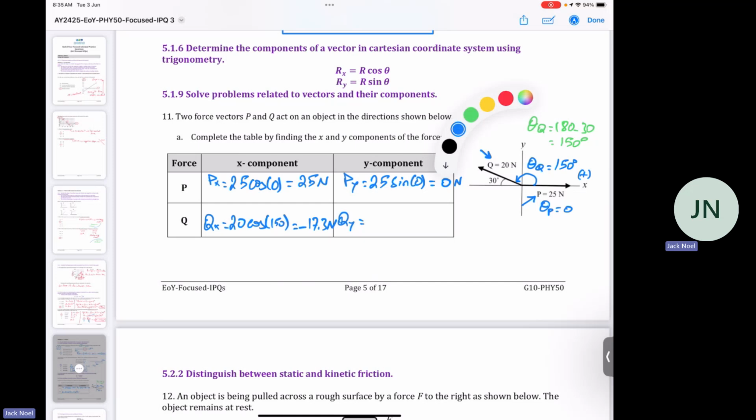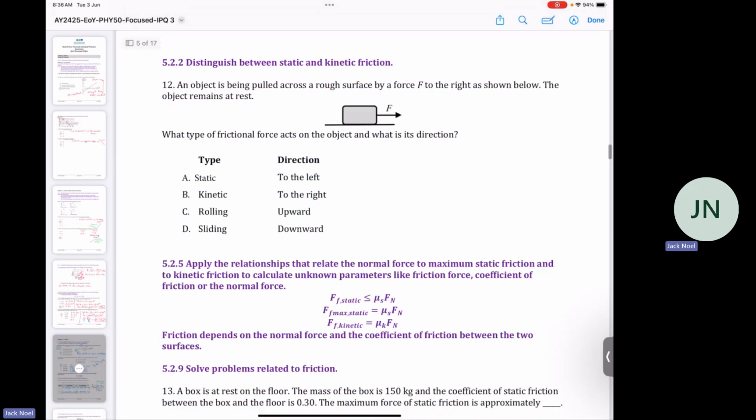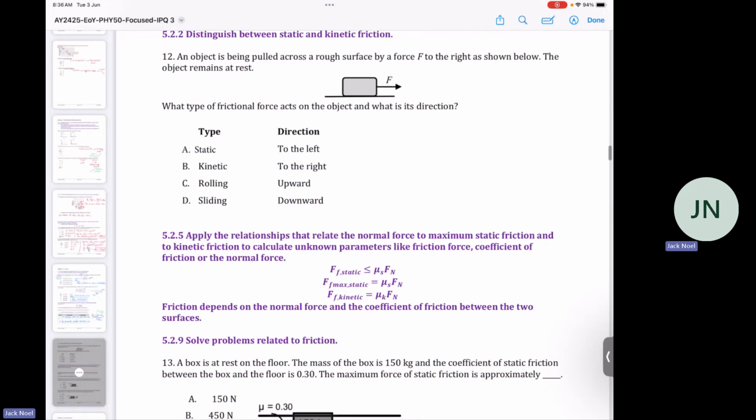And now let's find out how much is qy. So qy is again 20 sine 150, which is equal to 10 newtons. So this was it.